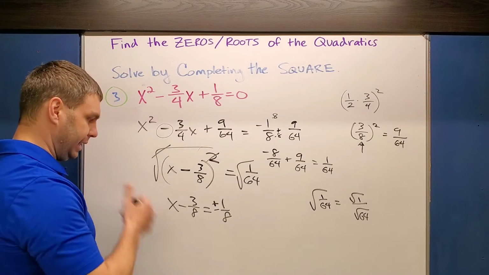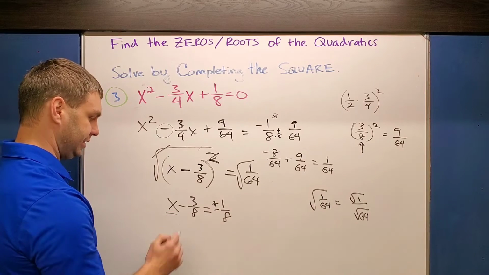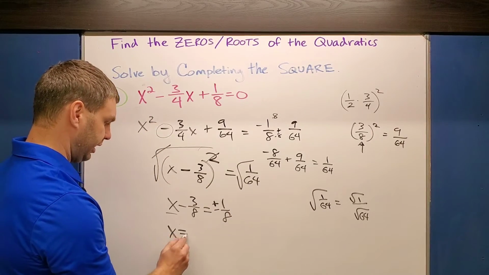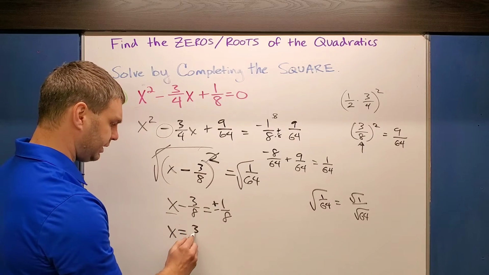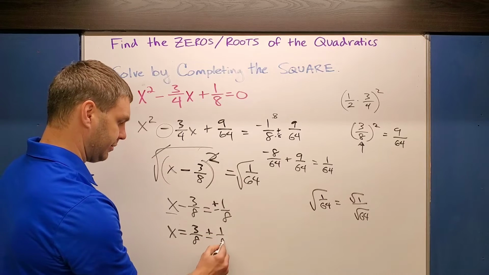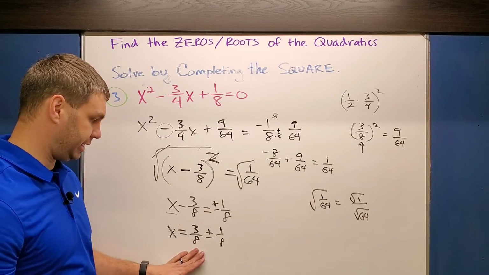All right. And then what I need to do is move my 3/8 to the other side to get my x isolated. That's our whole goal, is finding the zeros here. So x equals positive 3/8 if I add it over, and then plus or minus 1/8. And you can do this as two separate cases, since they both have a denominator of 8.